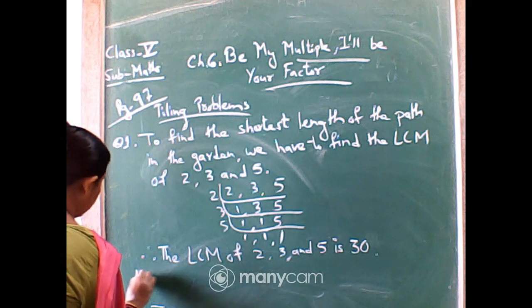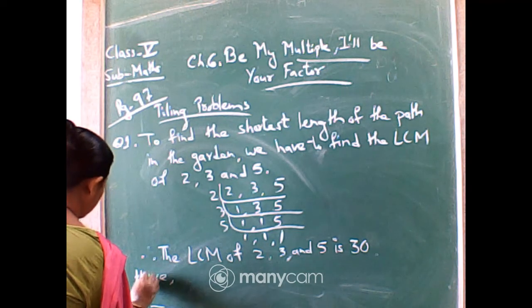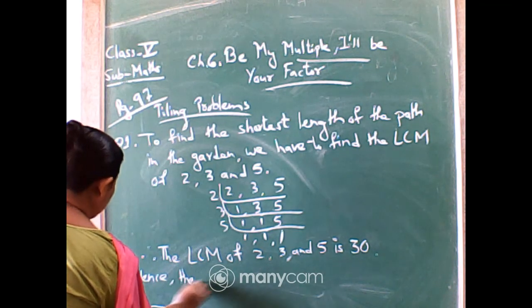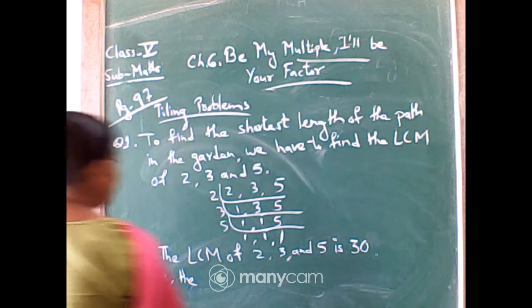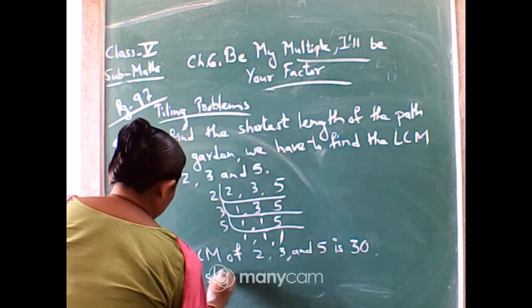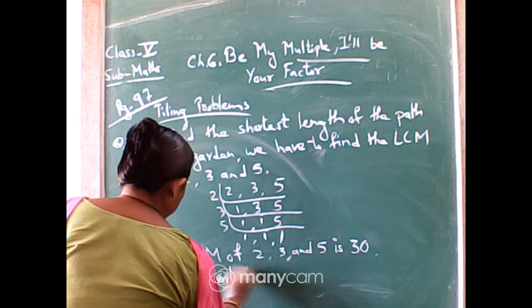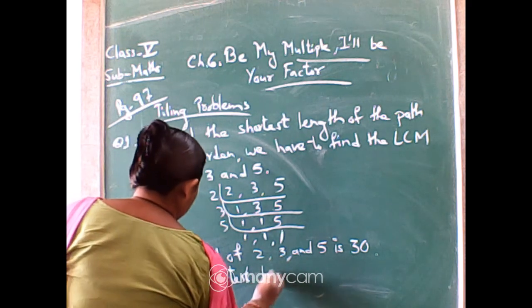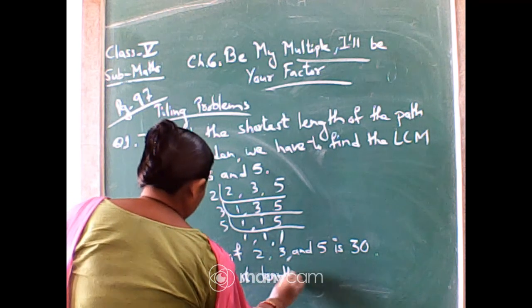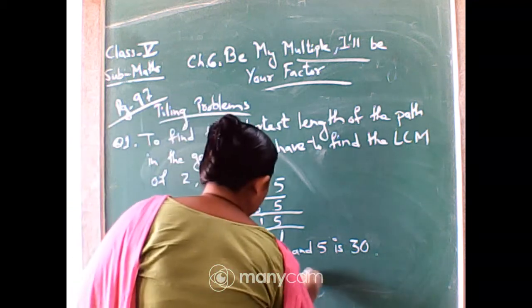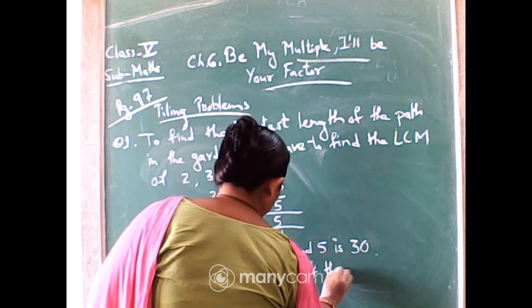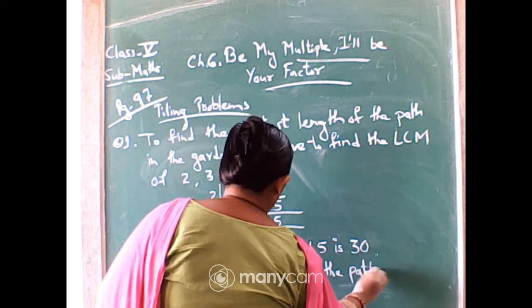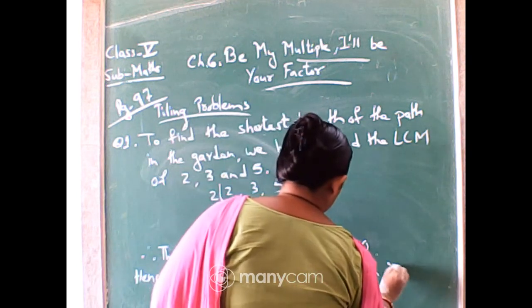Hence, the shortest length of the path is 30.